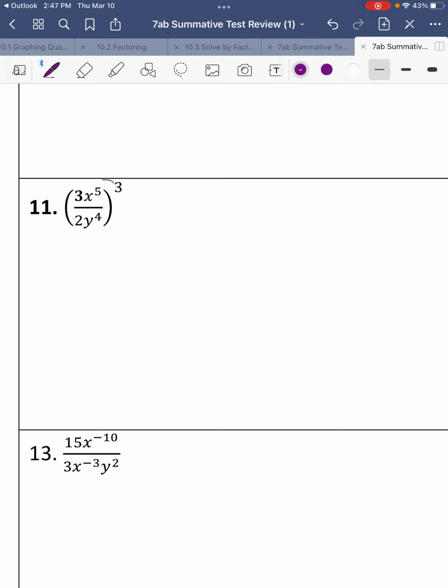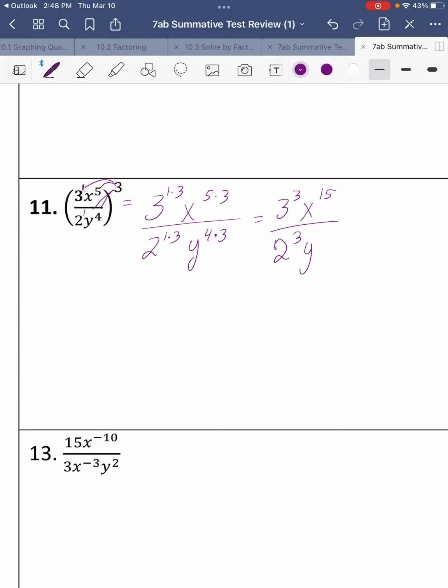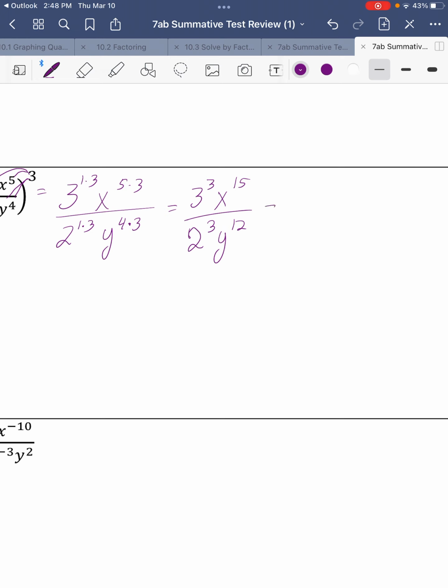Number 11. We're distributing, so let's distribute. So 3 raised to the 1 times 3. We have x to the 5 times 3, 2 to the 1 times 3, and y to the 4 times 3. 1 times 3 is 3, x to the 15th, 1 times 3 is 3, so that's 2 to the 3rd, y to the 12th. 3 to the 3rd is 27.